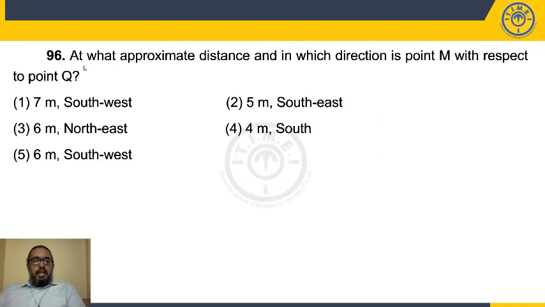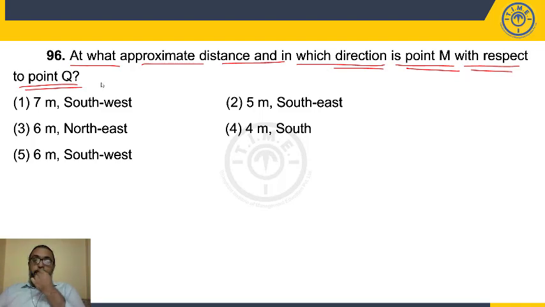Now questions: at what approximate distance and in which direction is M with respect to point Q? So always first check the direction, and basing on the direction we can eliminate some options. Now which direction is M with respect to Q? After the words "with respect to", whichever point is there, from there we'll check the direction.